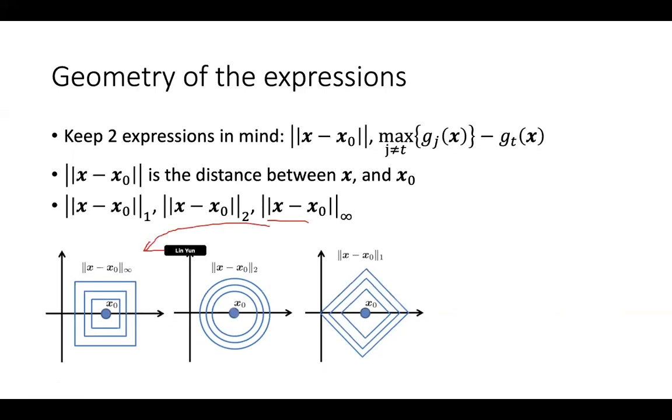How do we calculate the Lp norm? Suppose you have a vector A, it is the sum of its entries raised to the power p, and then the p-th root. When p is taken to infinity, it will just take the maximum.